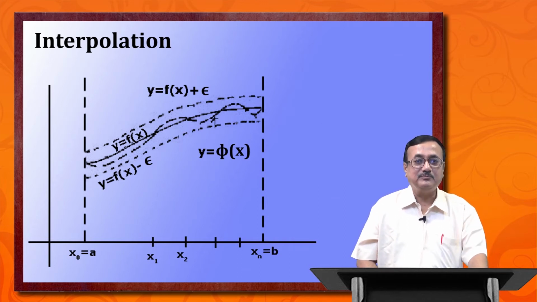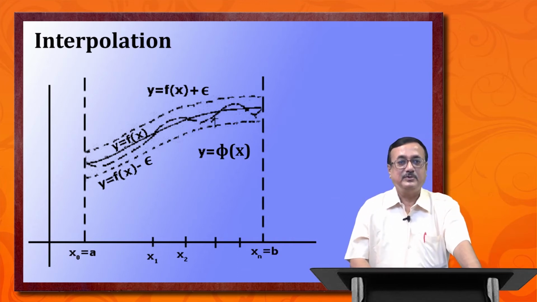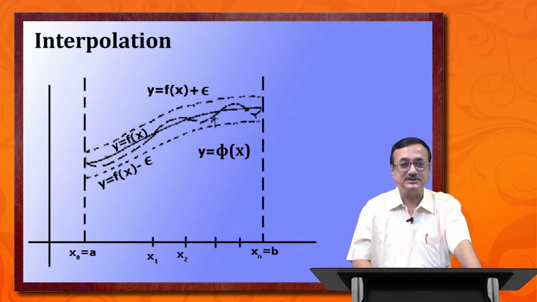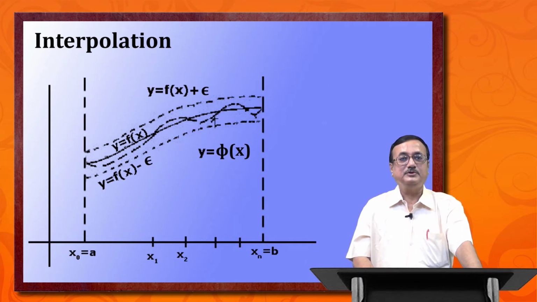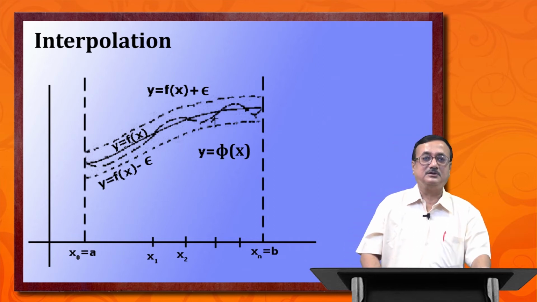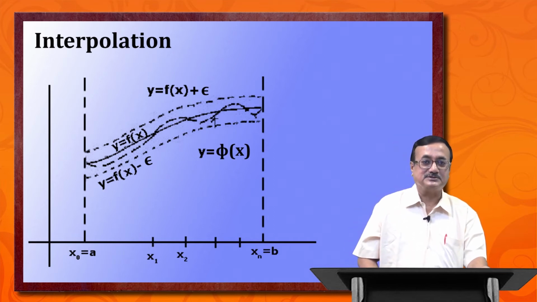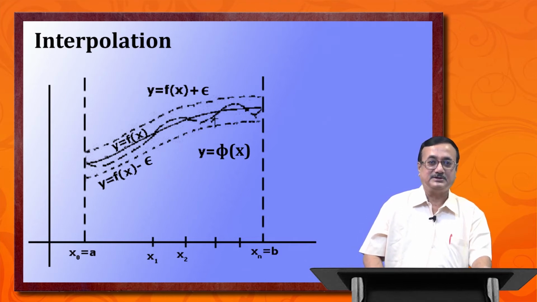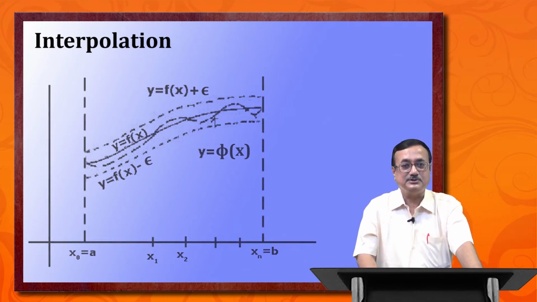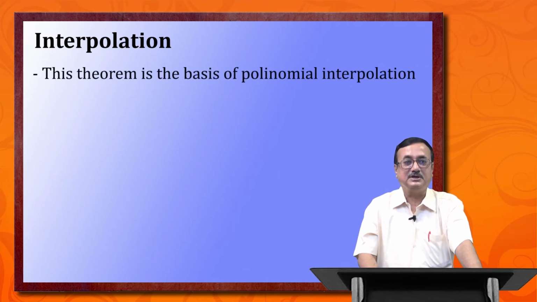At any other points, other than x0, x1, x2, ..., xn, phi(x) differs from f(x) very little. The difference is very small. So we can replace the given curve f(x) by means of the polynomial curve phi(x) at all points within the limit a to b. This theorem is the basis of polynomial interpolation.